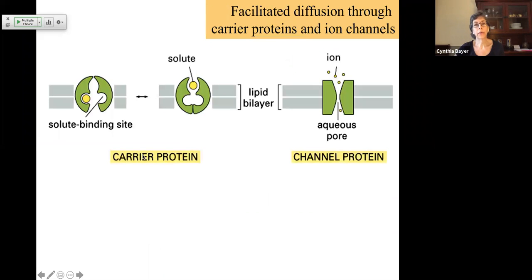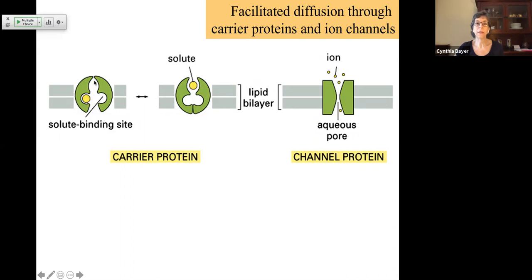So here we're looking at a carrier protein. And again, here are two little gray lines. That's our lipid bilayer. And here in green is our carrier protein sitting, right? So it would be a transmembrane protein sitting in that bilayer. And a carrier protein generally has a couple of different conformations, a couple of different shapes. It has a binding site that is specific for a particular solute. Our solute is in yellow. And that solute can bind.